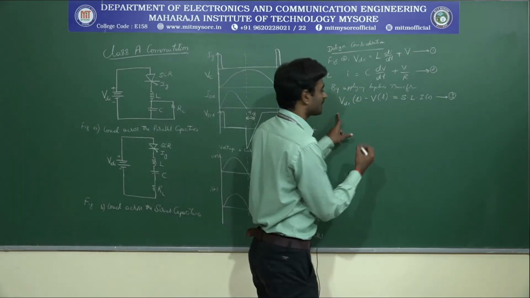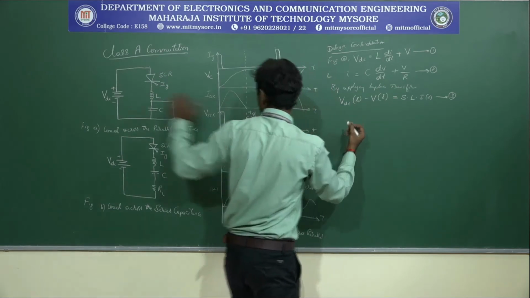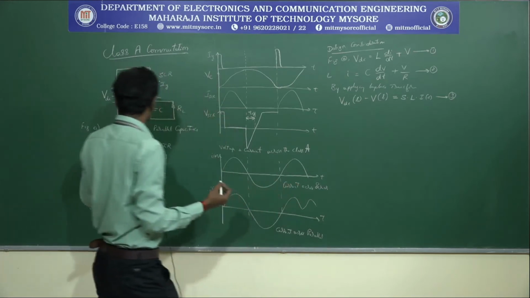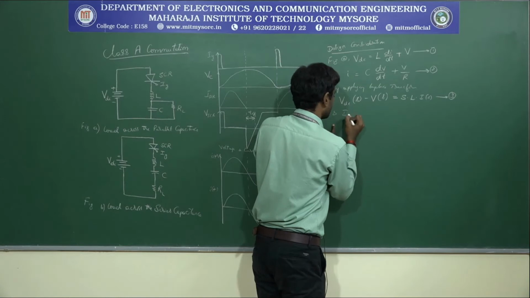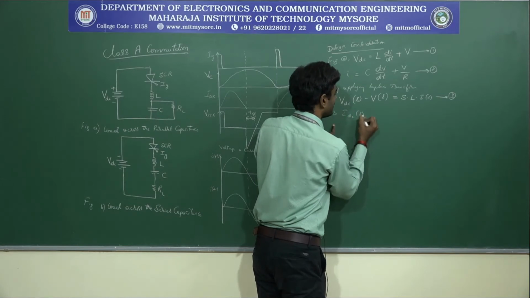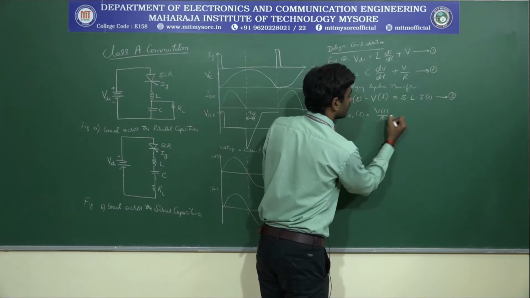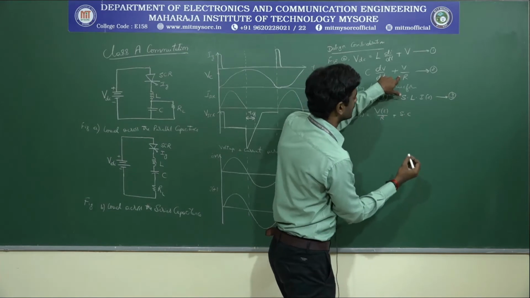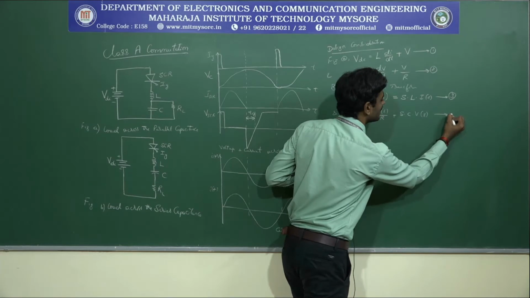Similarly, for the next one, we have written the voltage across the DC supply for the parallel capacitance. For the current, IDC of S will be equal to V of S divided by R plus S into C into V of S. I will consider this as equation 4.